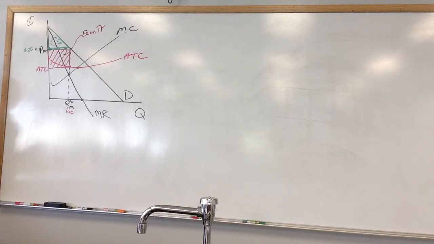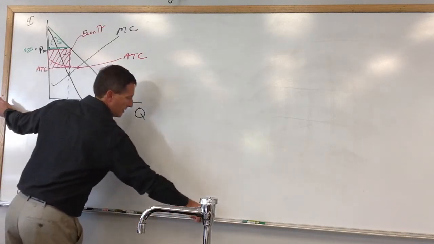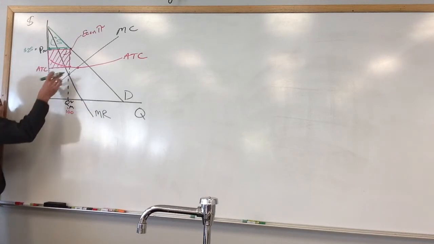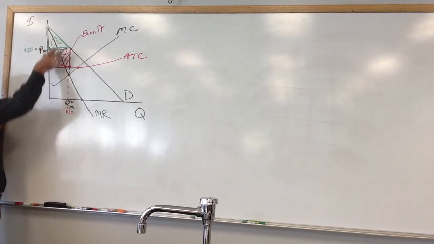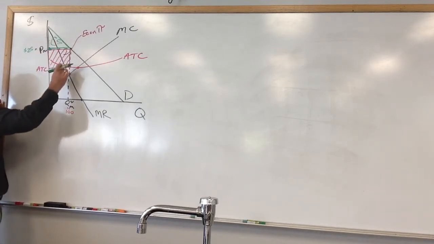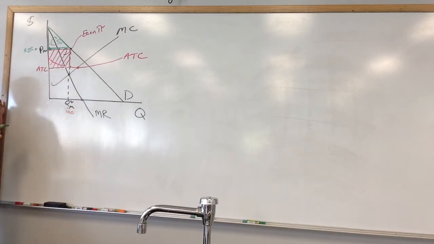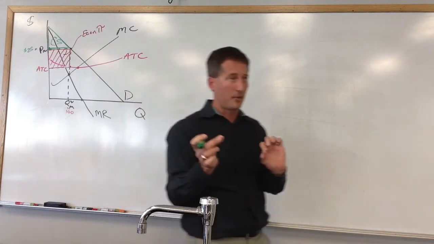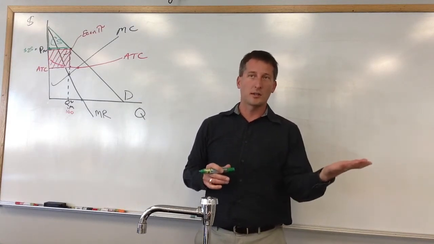All right, so the producer surplus would be the area above the marginal cost curve and up to, so it includes this profit box, but it also is actually a little bit bigger. It includes this part too. Remember when we did producer surplus and I told you that producer surplus and profits weren't the same thing because profits take into consideration the fixed costs as well.